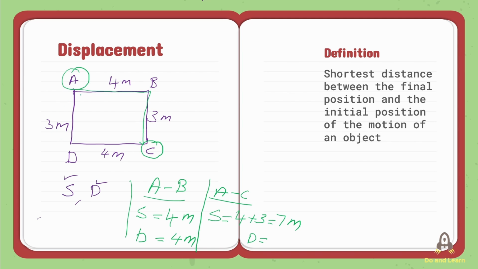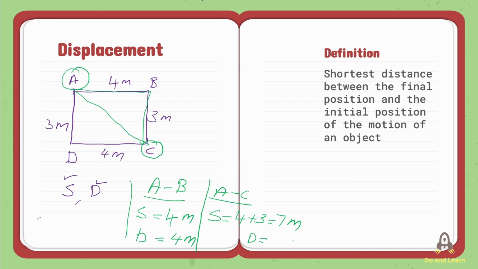If you travel this way, also that is not the shortest distance. But if you can travel like this, you can reach C faster than the ABC path. So from A to C, you can draw a diagonal. This will be the shortest distance between A and C.